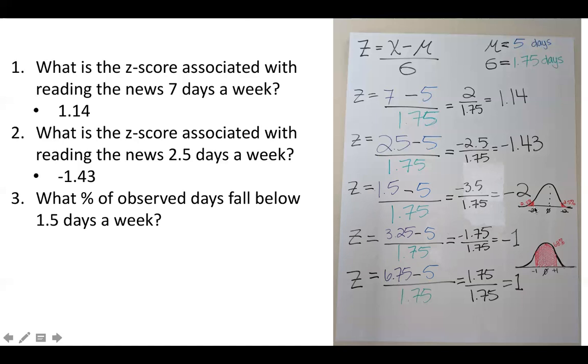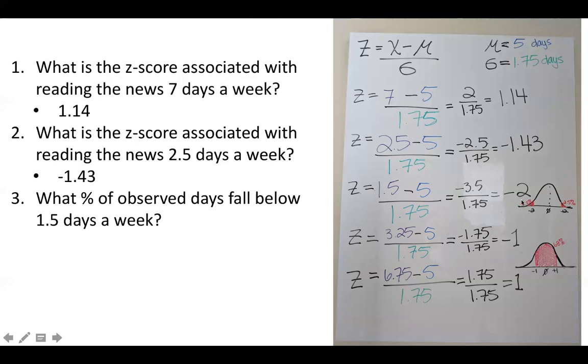So if I want to know the percentage of observed days that fall below a z-score of -2, well, if what's in the middle here is 95%, our tails are going to cumulatively add up to 5%.